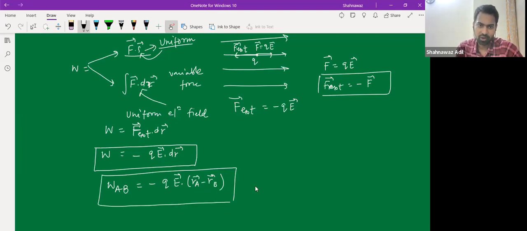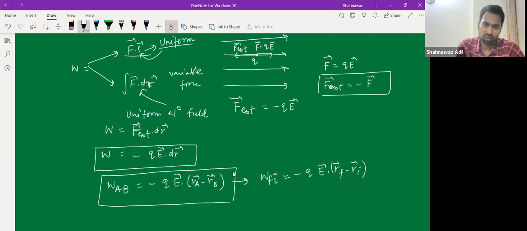Or you can write it this way: you are bringing some charge to the final point from the initial point, so this would be minus Q and E dot R final minus R initial. Is that clear, guys?